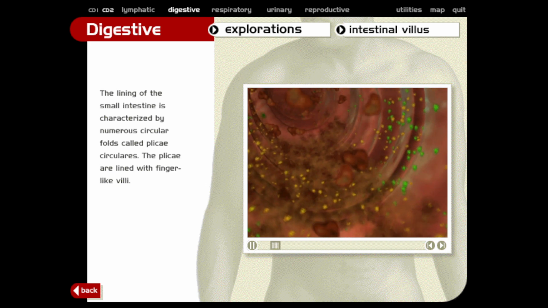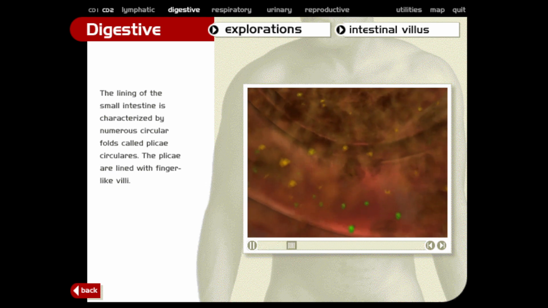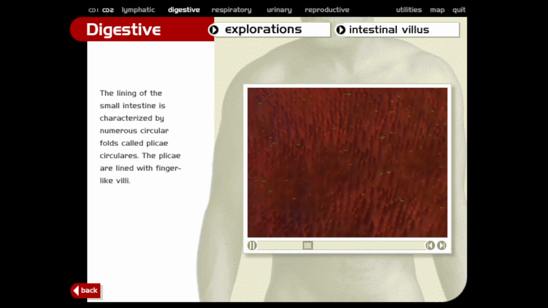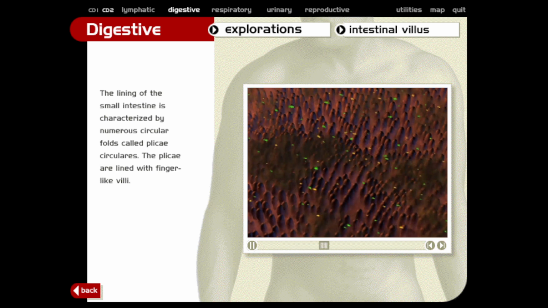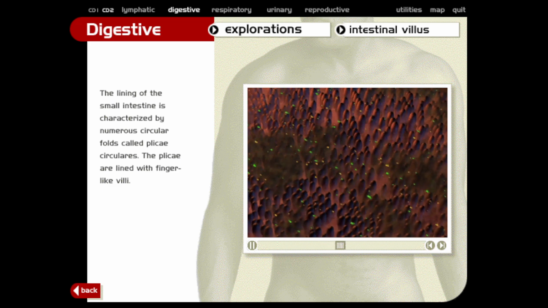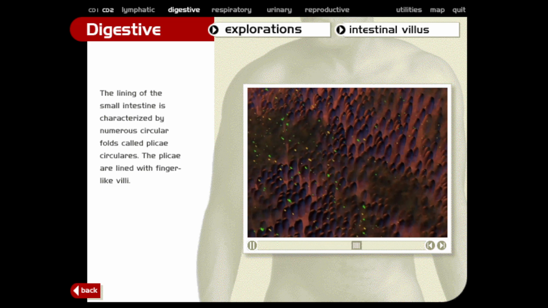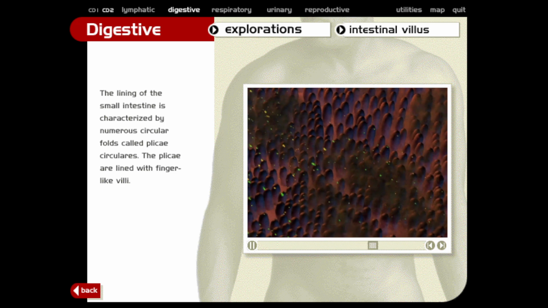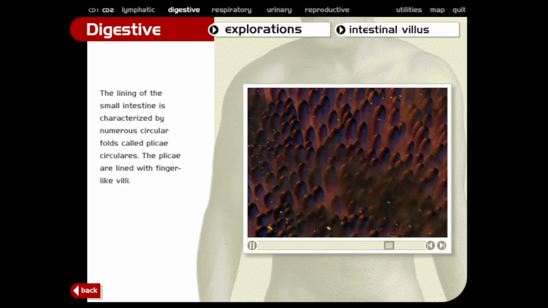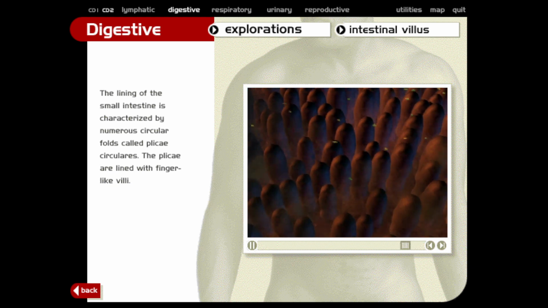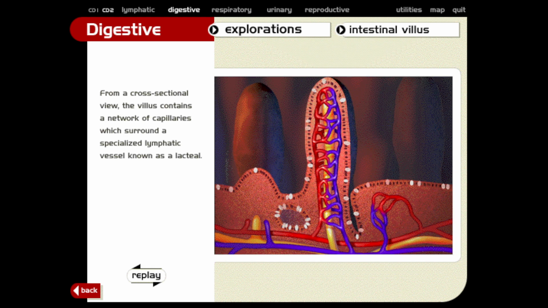The lining of the small intestine is characterized by numerous circular folds called plicae circularis. The plicae are lined with finger-like villi. From a cross-sectional view, the villus contains a network of capillaries which surround a specialized lymphatic vessel known as a lacteal.